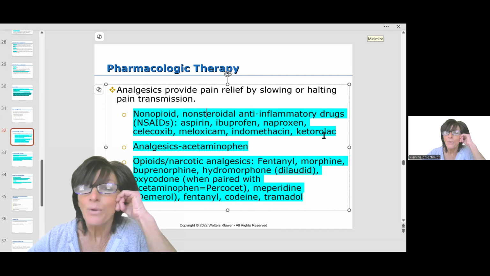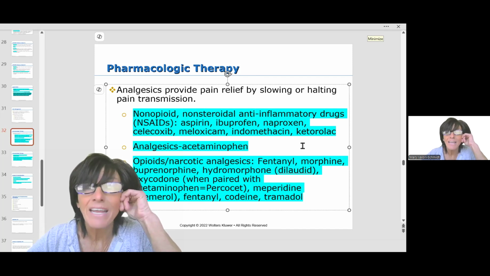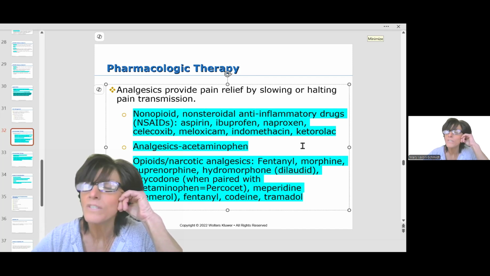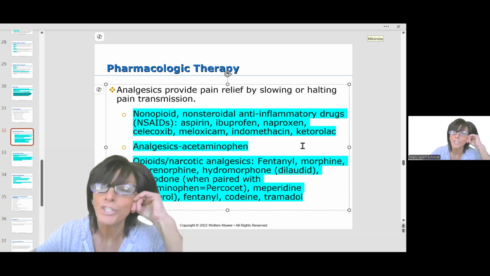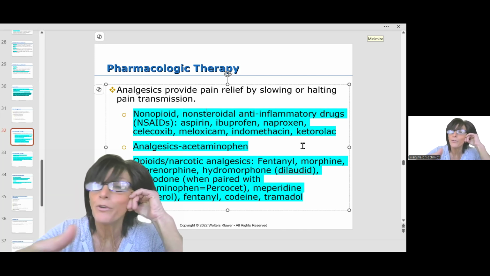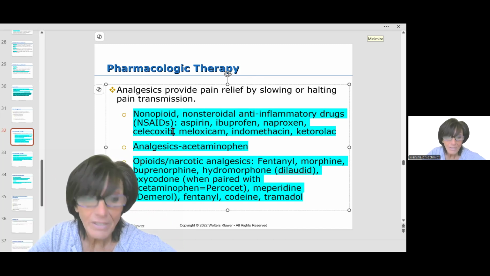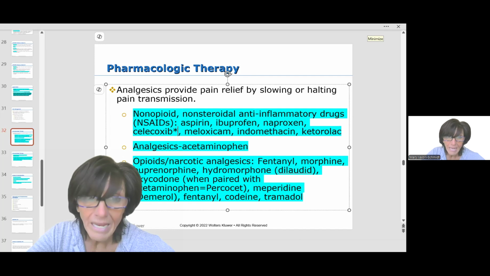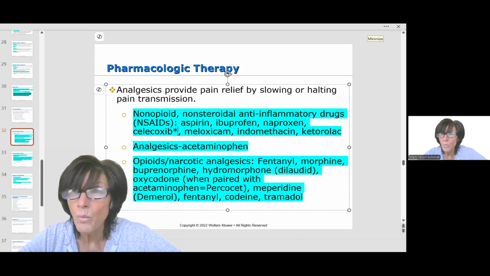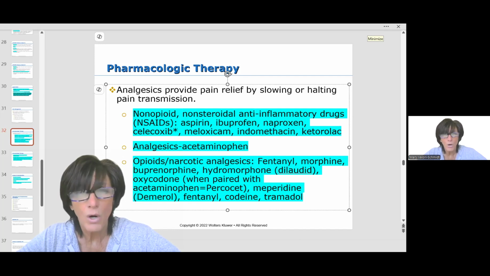All right, so those are all non-steroidal anti-inflammatory drugs. And once we get deeper into pharmacology, we'll talk about how they all share the potential to cause GI bleeds. One of them, the celecoxib, I'm going to put a little asterisk, is the only one in that group where if somebody has cardiac issues, they can't have that drug.